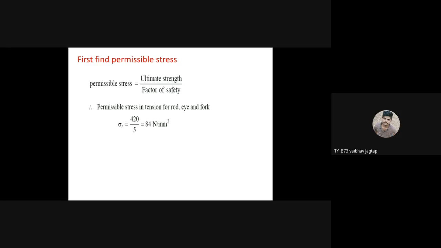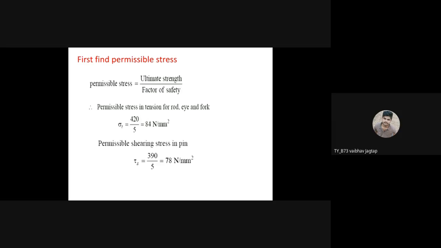This sigma t is given by the above formula: ultimate tensile strength divided by factor of safety. The ultimate tensile strength is given as 420 for the rod material, and it comes as 84 Newton per millimeter square.